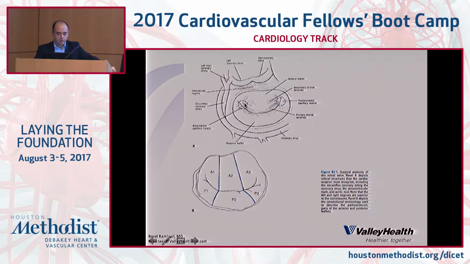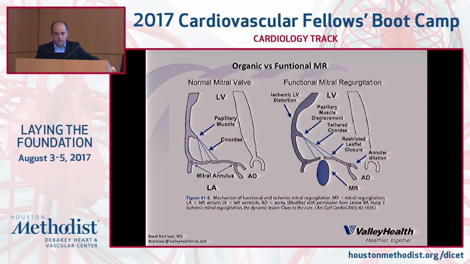So you have the commissures, the leaflets, the aortic valve, and the annulus, all things that can impact mitral valve function, as well as LV function itself as you pull back. This is an important aspect to look at, because it's like comparing breast cancer to colon cancer. They're just not the same disease. There's functional mitral regurgitation and there's organic mitral regurgitation.